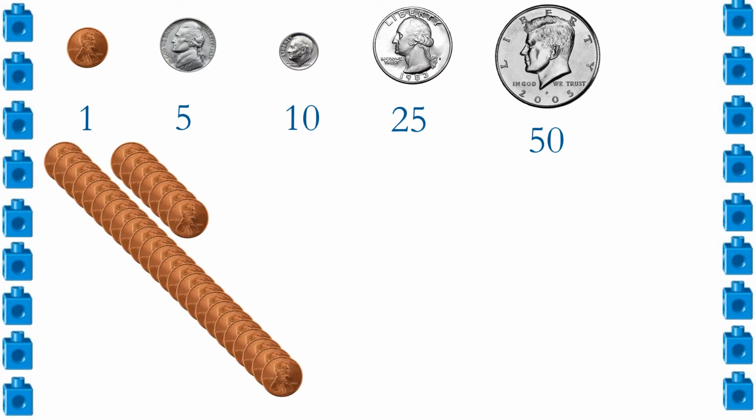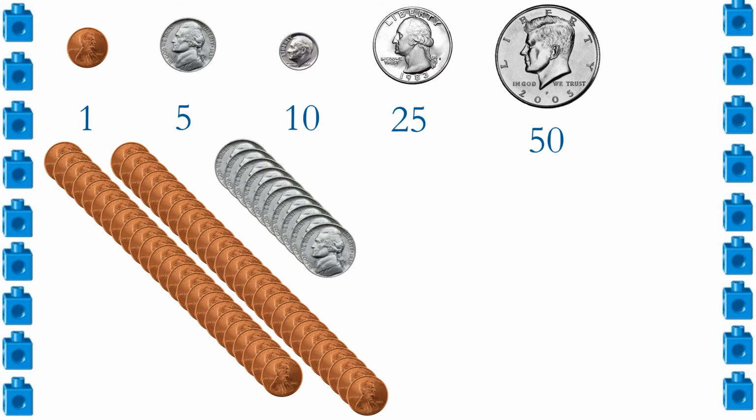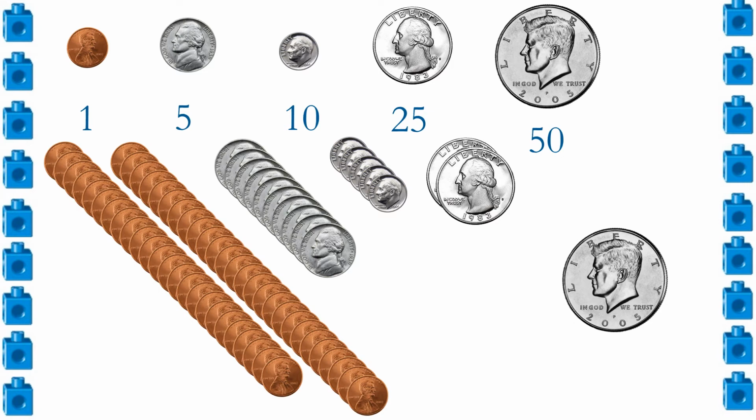We could have 50 pennies or 5, 10, 15, 20, 25, 30, 35, 40, 45, 50. That's 10 nickels. Or how many dimes? 5 or 2 quarters or one 50-cent piece.